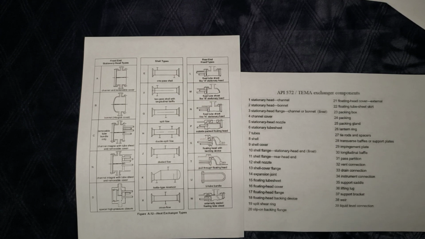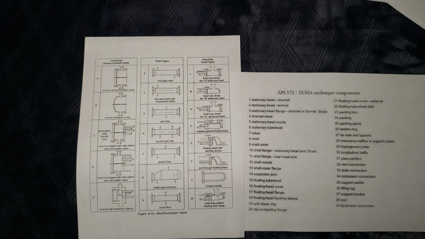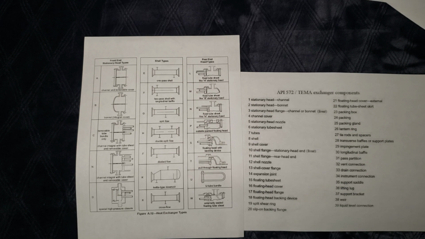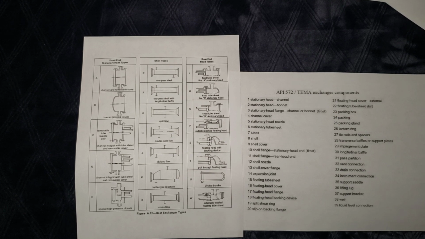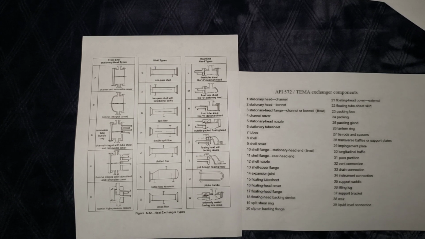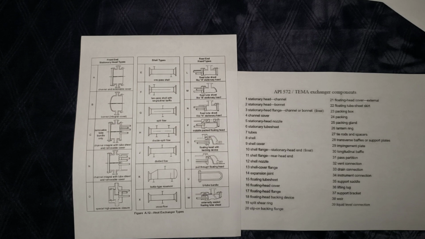What I was trying to explain to him was there are ways, especially for exchangers, that coincide with the diagrams that are found in API 572 that are the TEMA exchanger component types as it relates to the letter designations.